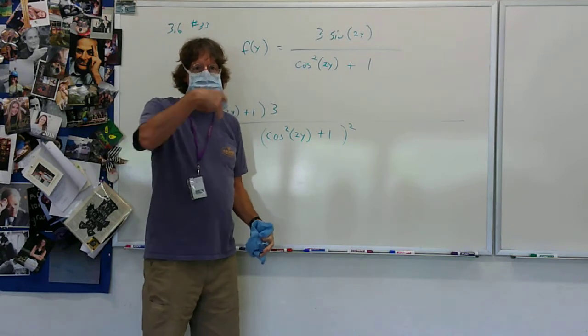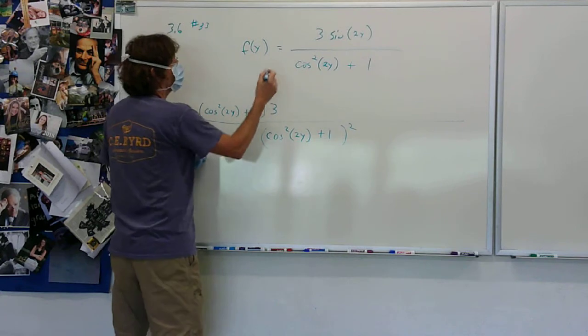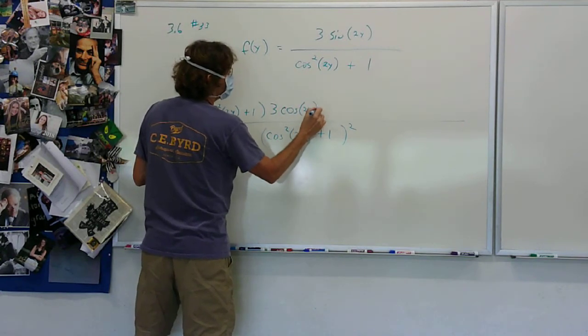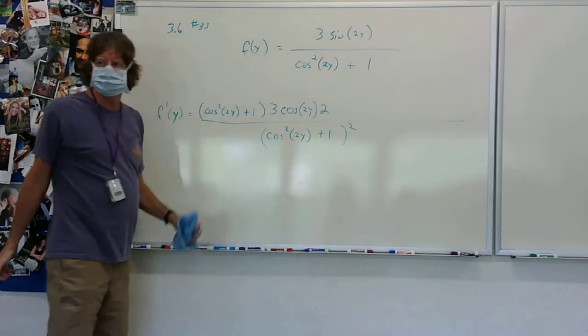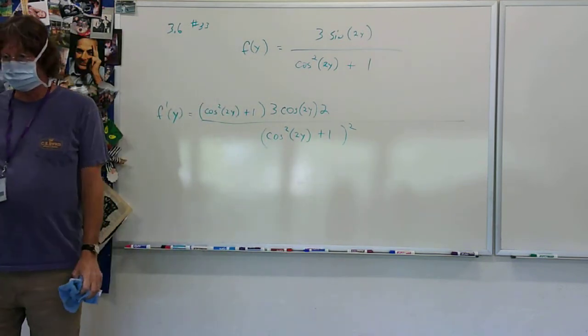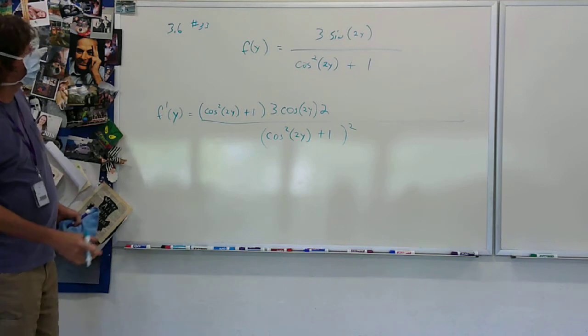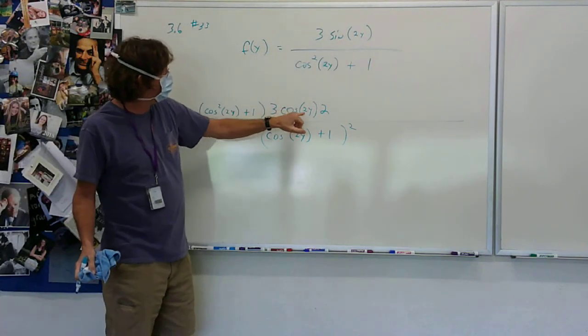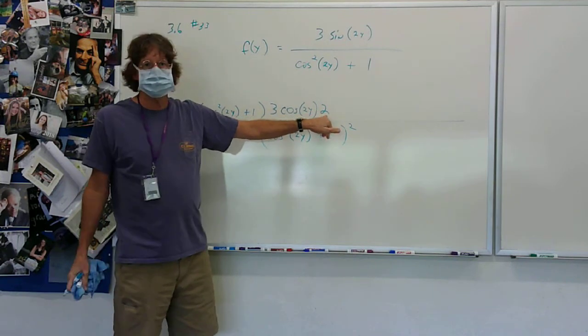Cosine u du. So we're going to get cosine 2y, and then just don't forget to put the 2. That 2 right there is what we always forget. Derivative of sine u, cosine u, du.